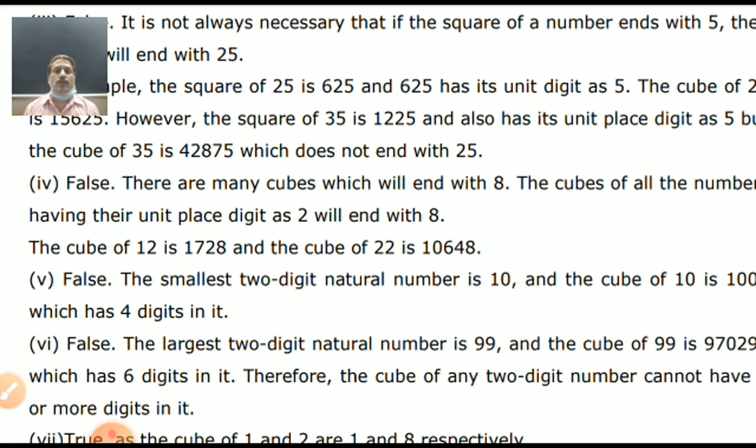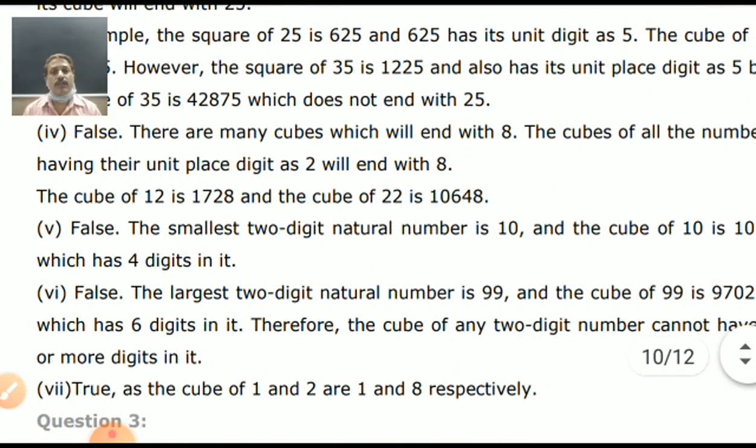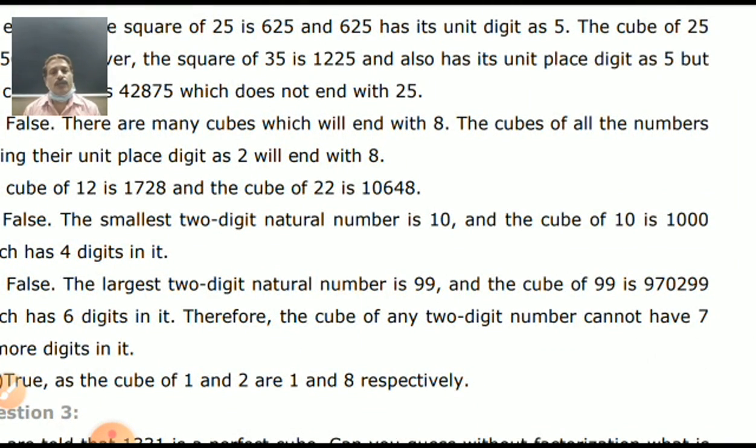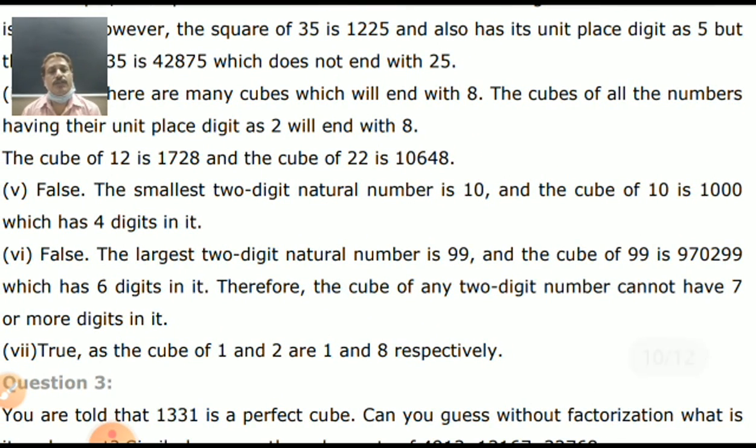Fifth one is also wrong. The smallest 2 digit natural number is 10 and the cube of 10 is 1000, which has 4 digits in it. Correct? Yes. 6th one is also false. The largest 2 digit number is 99 and the cube of 99 is 970,299, which has 6 digits in it.